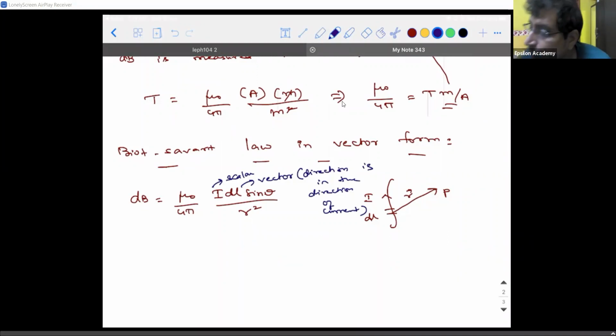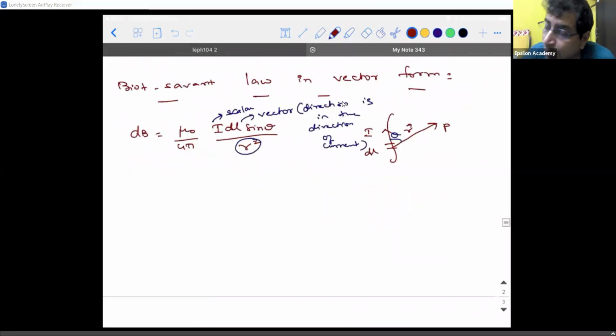Okay, it is in the direction of current, and r is obviously a vector quantity, and sine theta doesn't have any direction, right? So keeping all these points in mind, this dB we will write as mu naught divided by 4 pi, Idl, I'll take it as one word.